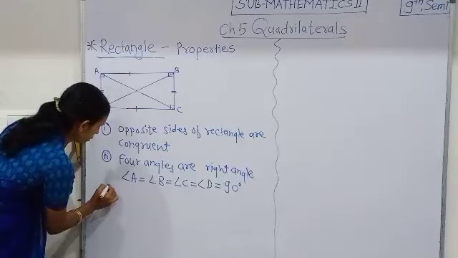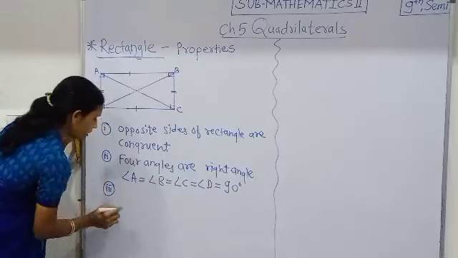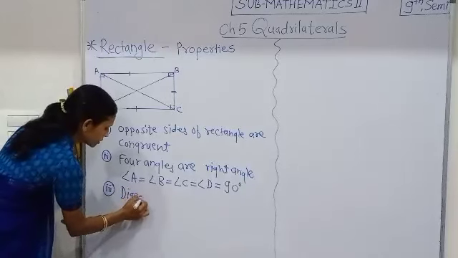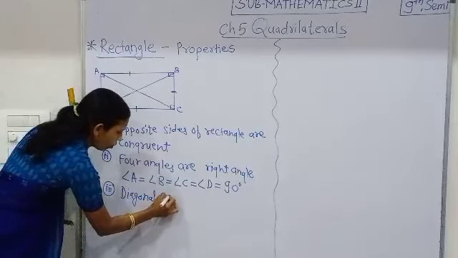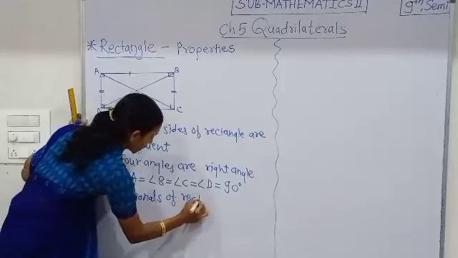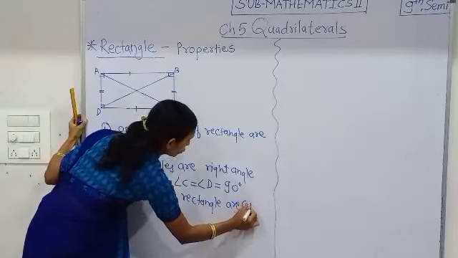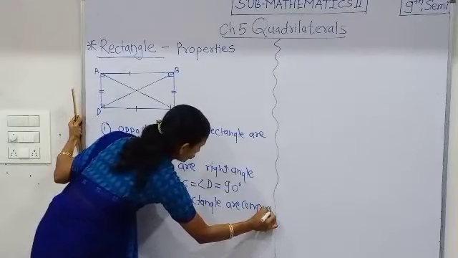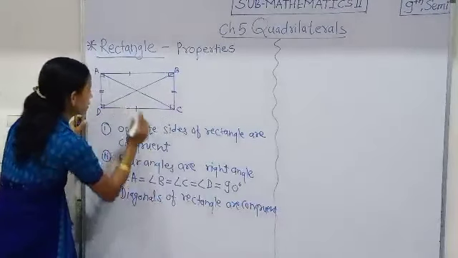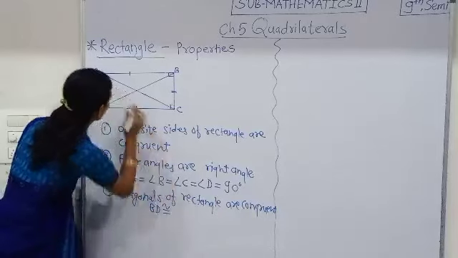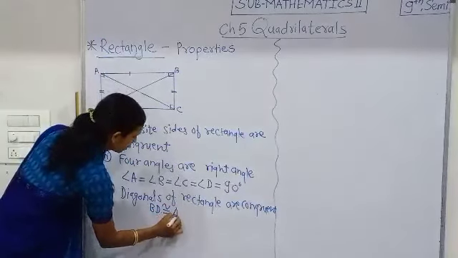and as the lengths of the diagonals of a rectangle are the same, therefore diagonals of a rectangle are congruent. Congruent means here BD is congruent to AC.